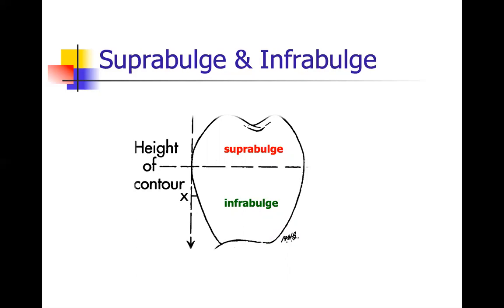The surface above or occlusal to the survey line is the suprabulge or non-undercut area, and the surface below the survey line is called the infrabulge or undercut area. You can see the undercut area below the survey line where the retentive terminal of the clasp can be placed.